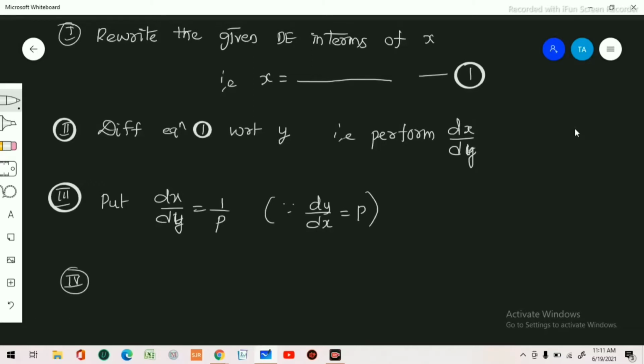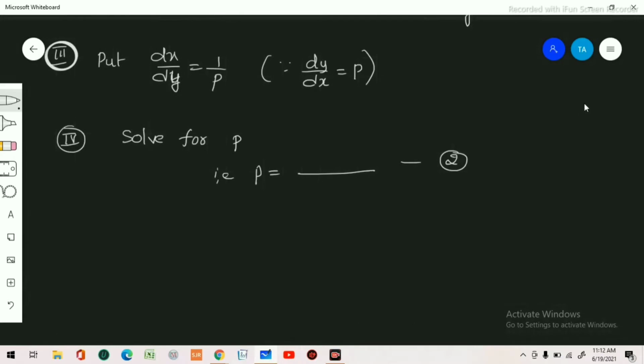Yes, sir. Now we'll go to the fourth step. We have to solve for p, that means we have to find out the value of p. That equation you call number 2. This is your fourth step.